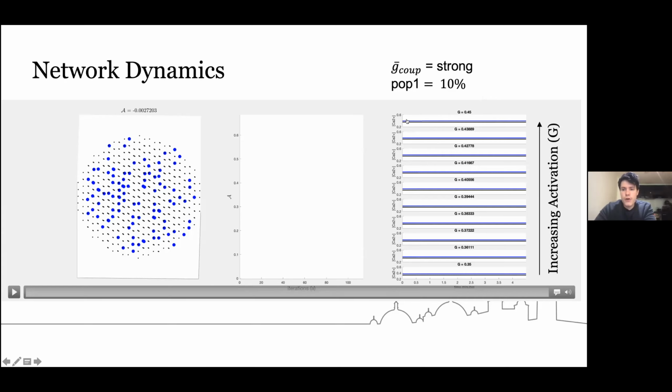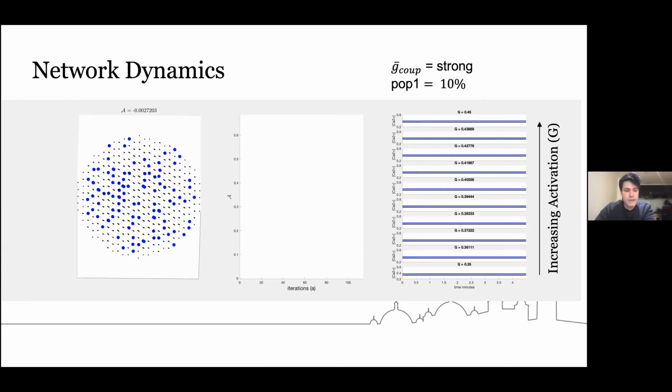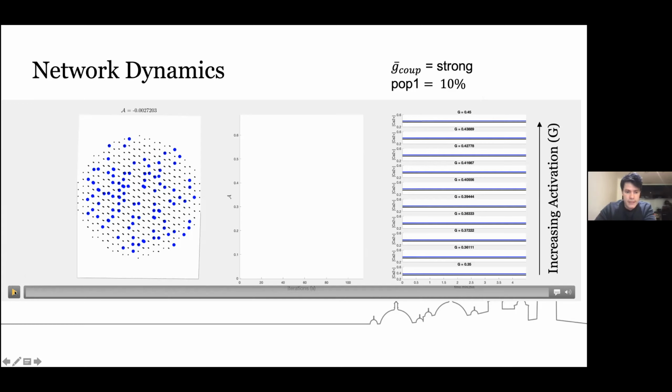The blue curve is the mean calcium of population 1, and the black curve is the mean calcium of population 2. I have 10 traces. At this point, they're all quiet, so you have no activity when things are uniformly distributed.